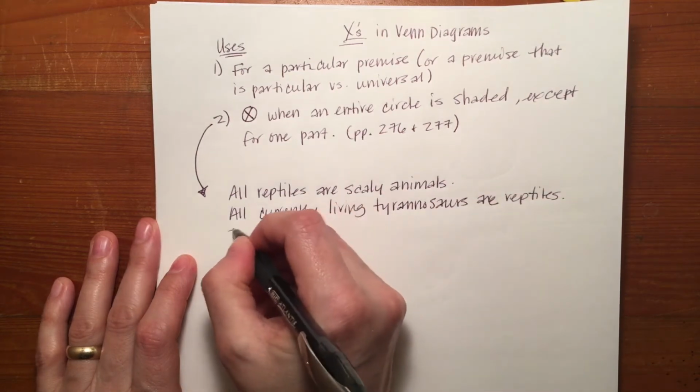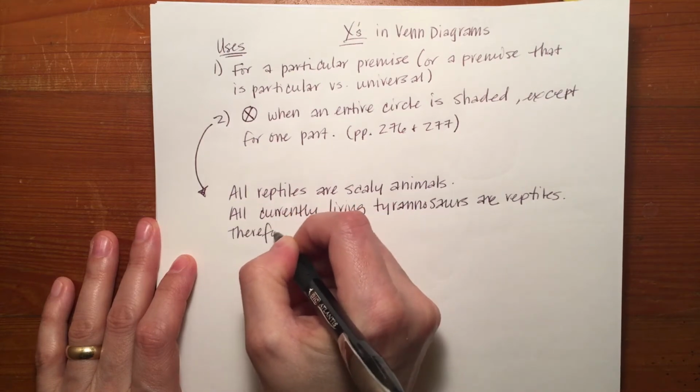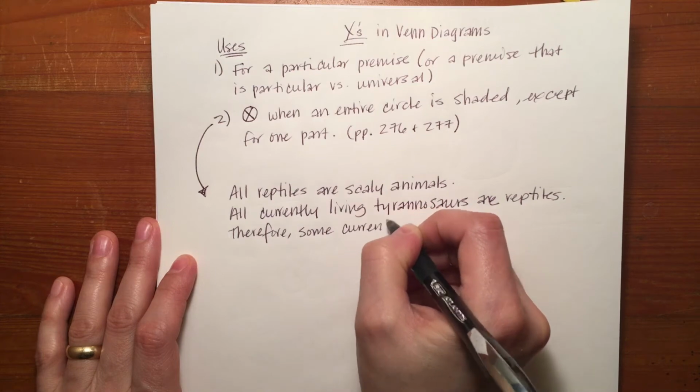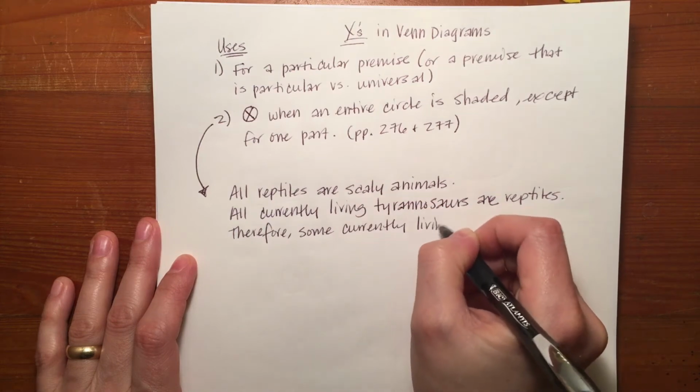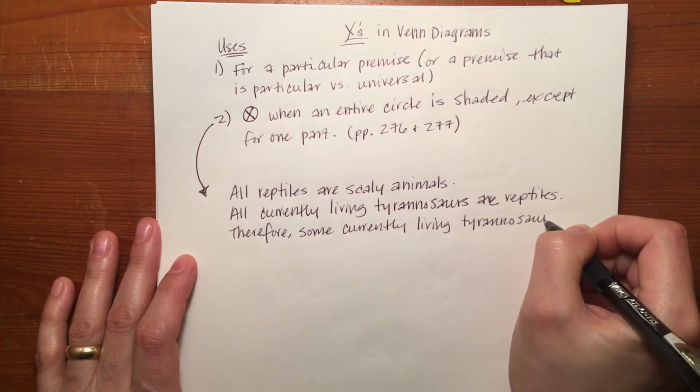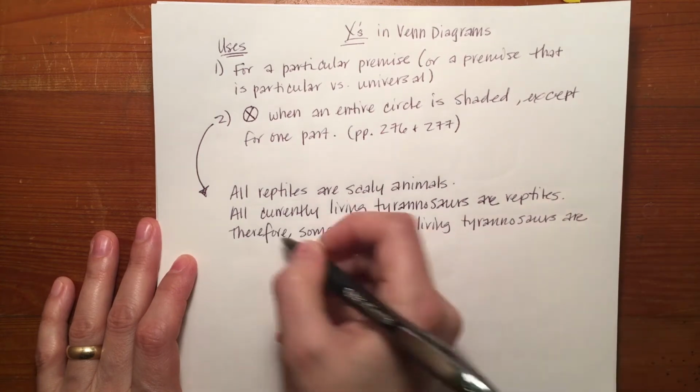Therefore, some currently living tyrannosaurs are scaly.